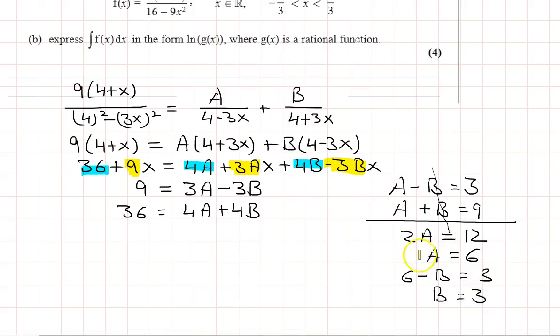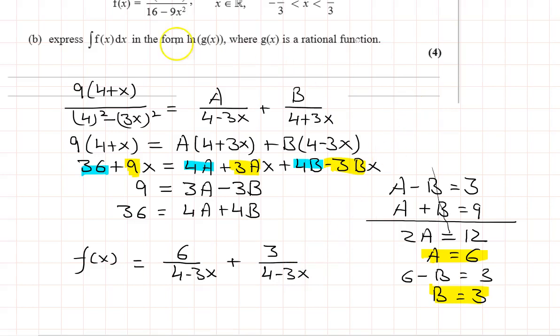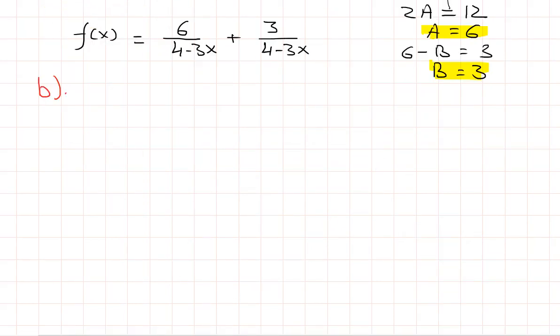So these are the two values of a and b. So our f(x) can be written in the partial fractions as 6 over 4 minus 3x plus 3 over 4 plus 3x. So that is part 1. Part B is express integral f(x) dx.